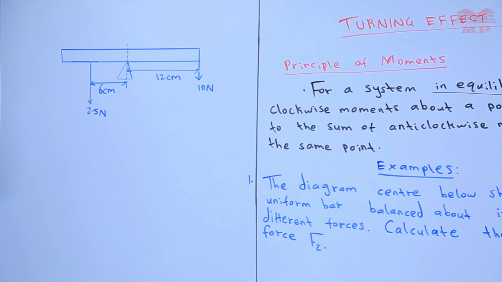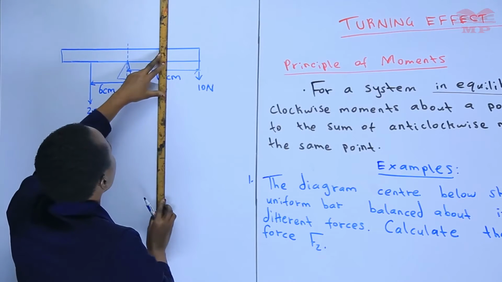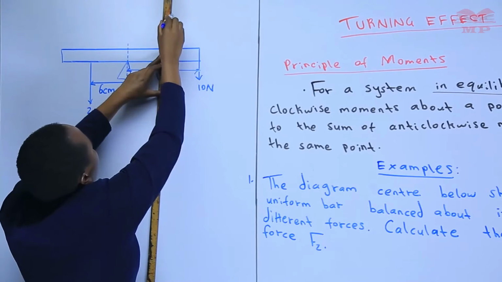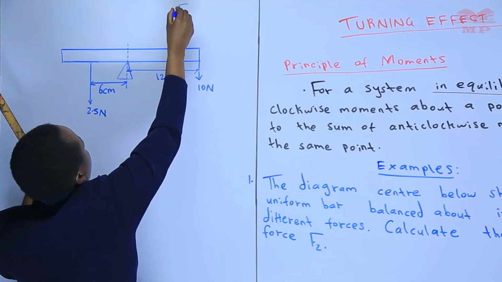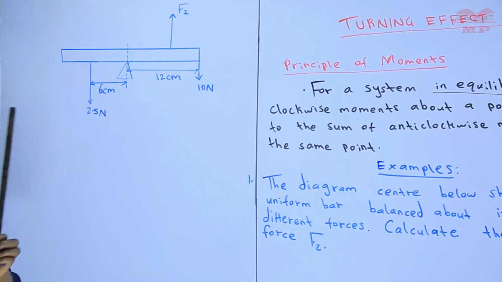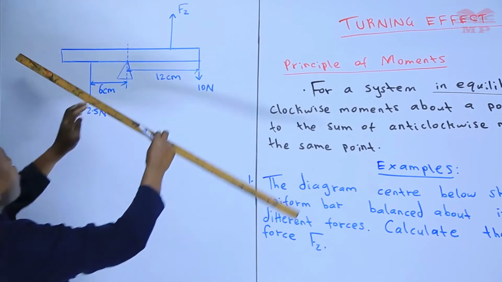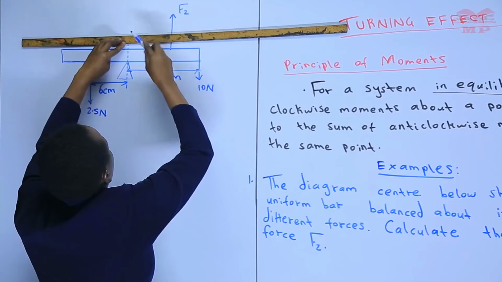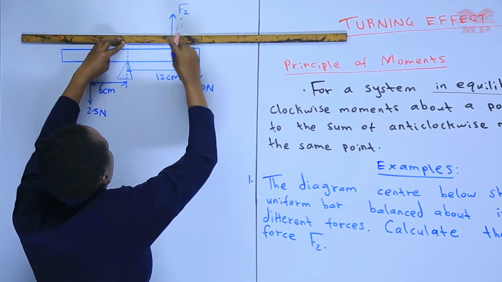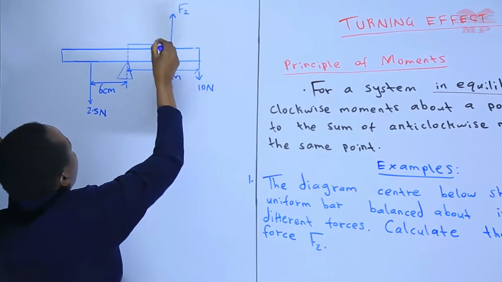We still have another force F2 which we want to determine. So there is a force up here, force F2, and the distance to this point here is 5 centimeters.